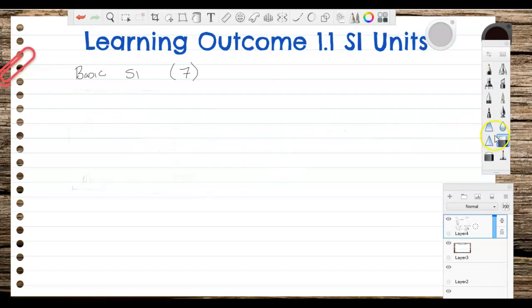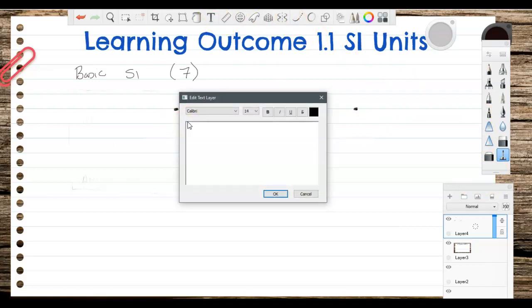Now if we go into each one and do them separately, length is regarding the distance between 2 objects. For that, we have 2 points. The first one is called the origin. If we could spell, it would be really good.